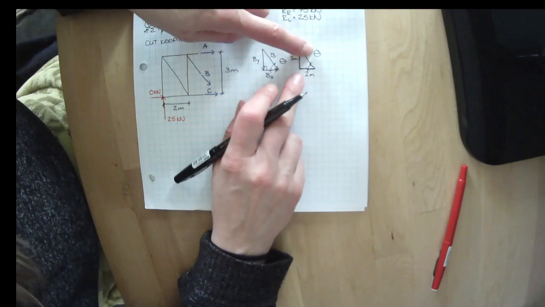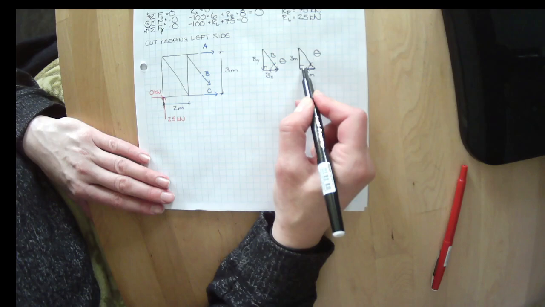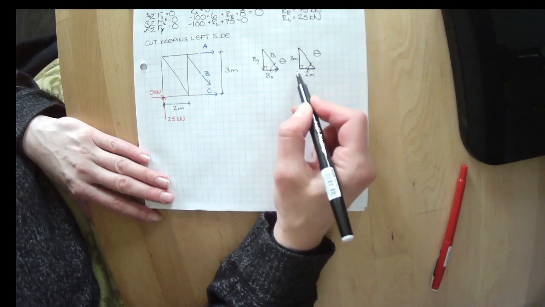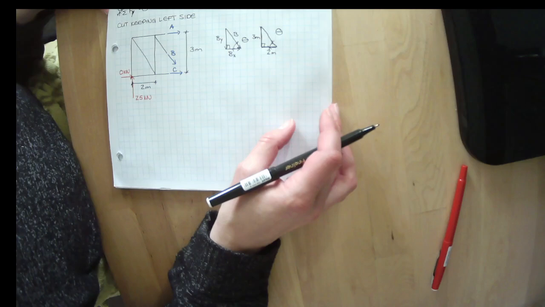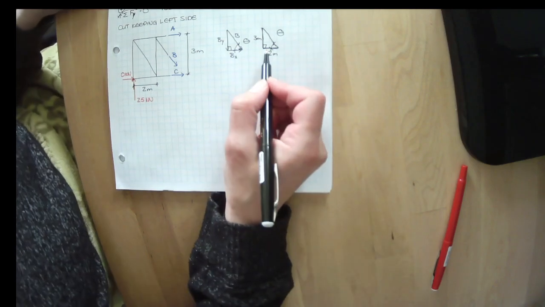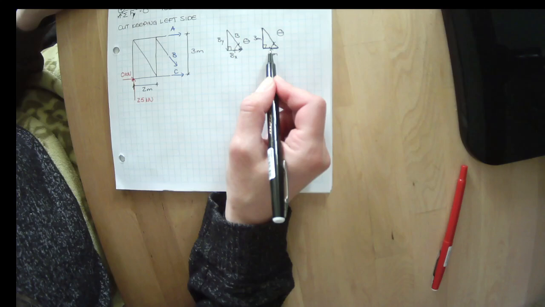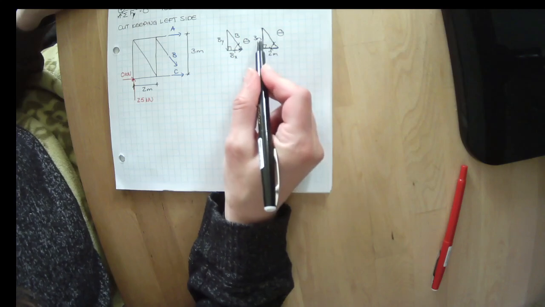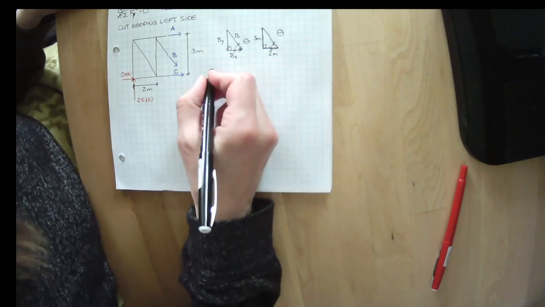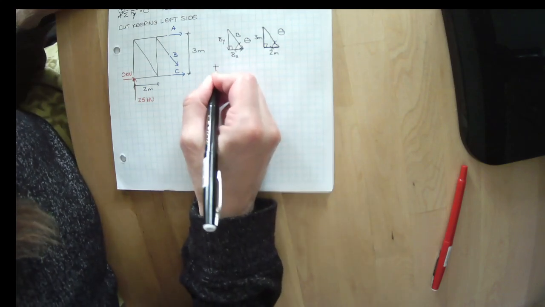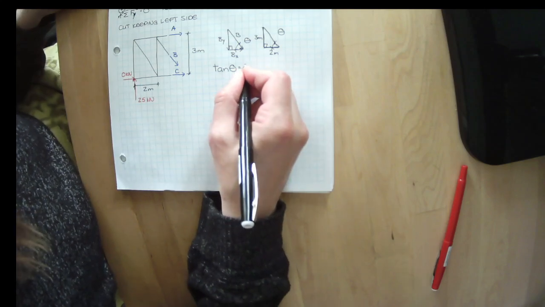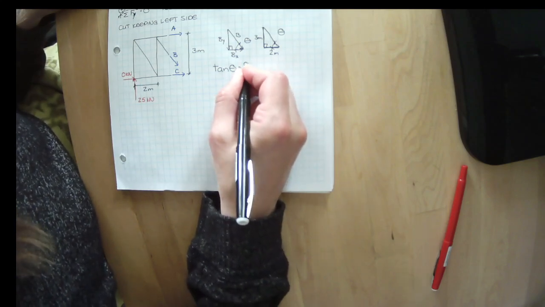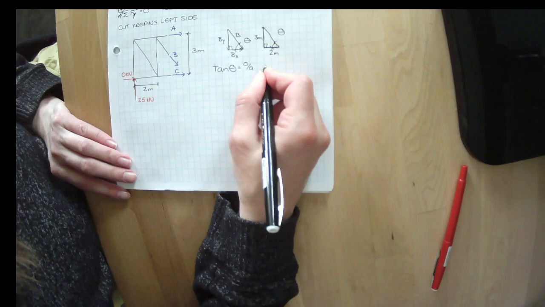So that angle, which is right here relative to the x-axis, remember I'm lazy, I always like to do this relative to the x-axis. The 3 meters is opposite, the 2 meters is adjacent. If we have opposite and adjacent, we often like to use tangent. The tangent of the angle is equal to the opposite side divided by the adjacent side.